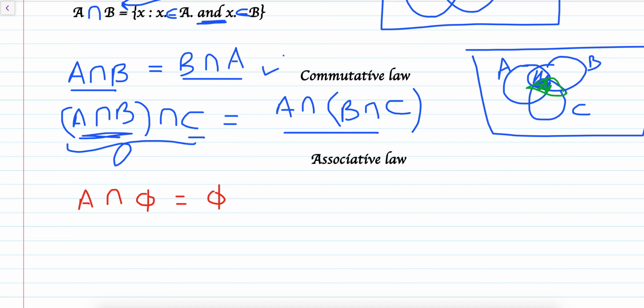So what is phi? Phi is an empty set, so it has no elements, and A is some other set which has some elements. So what is the element that is present in this as well as this? So this has no element, so clearly there is no common element. So intersection with phi always gives phi.